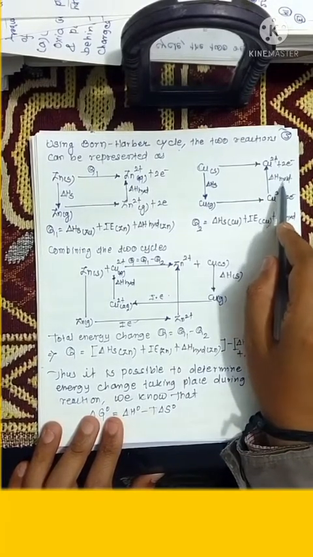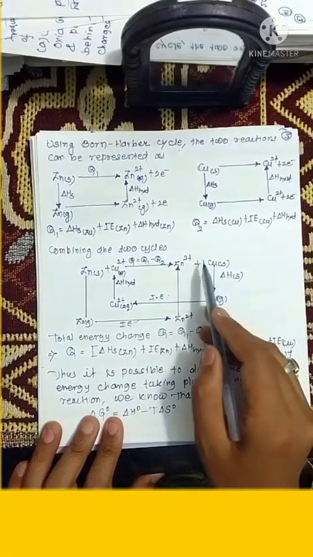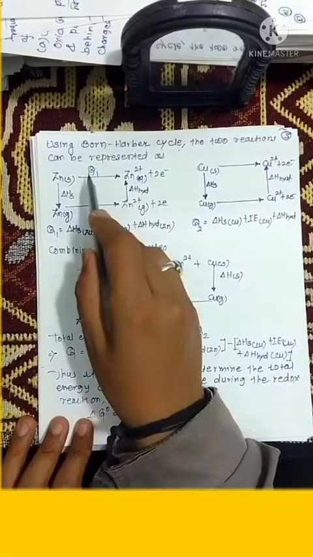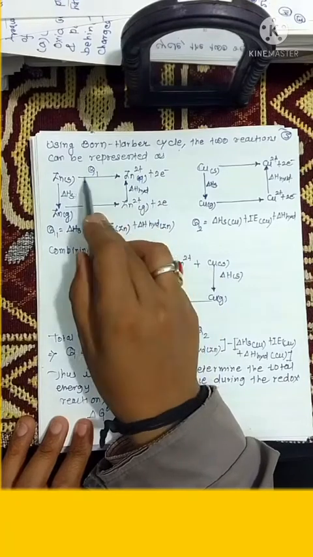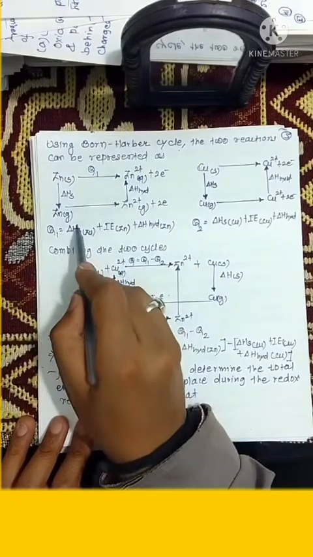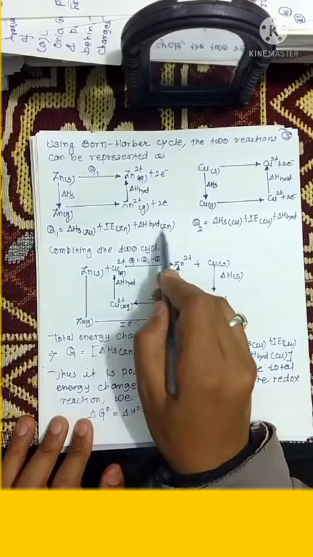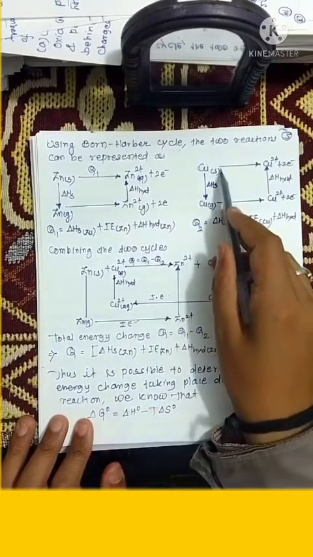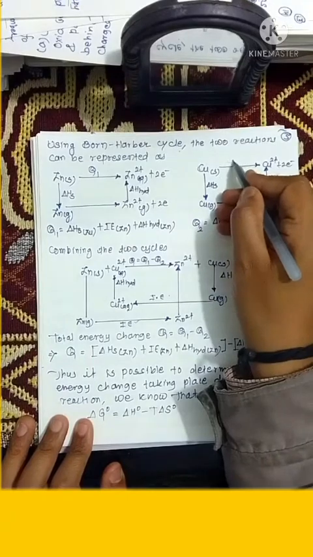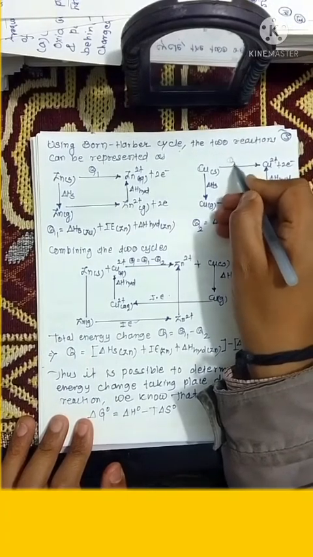That's why delta H of hydration. So now Q1 for this is written as delta Hs plus IE of zinc plus delta H of hydration. Similarly, Q2 can be written for this cycle.